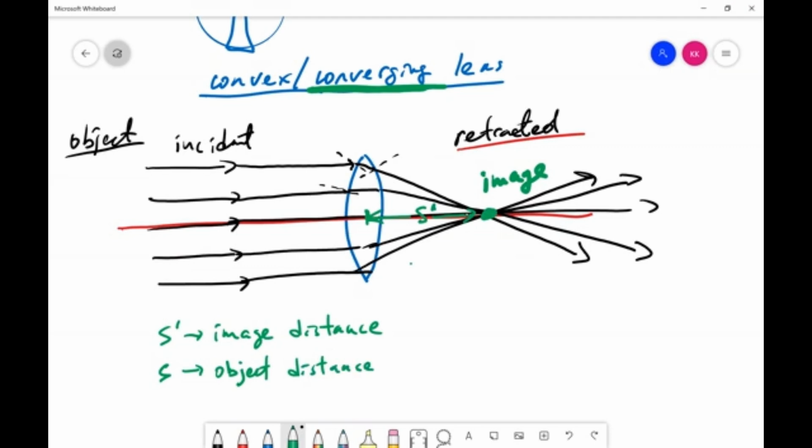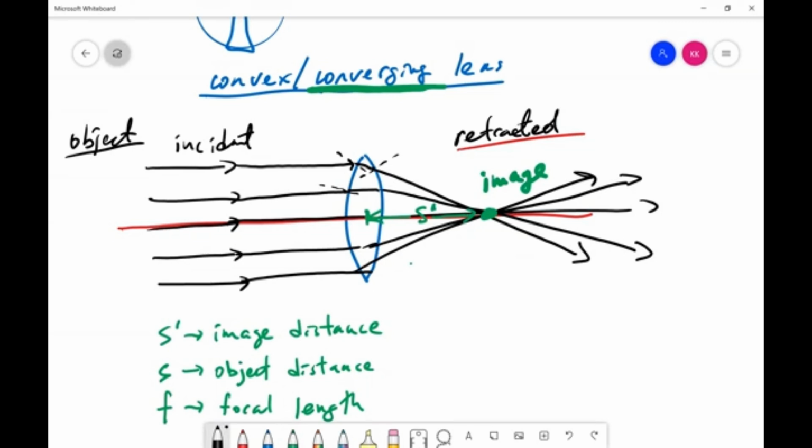And the last thing we have here is we also want focal length. So those three things should be related to one another by an equation that you have already seen before. This is known as the mirror equation. That was what I showed you for the mirror lab last week.